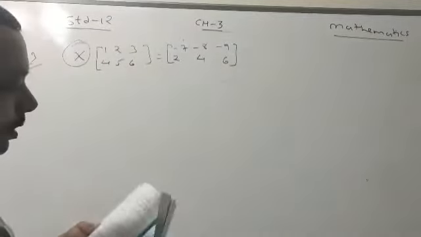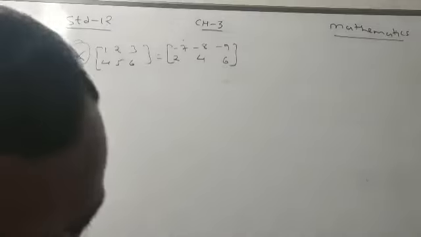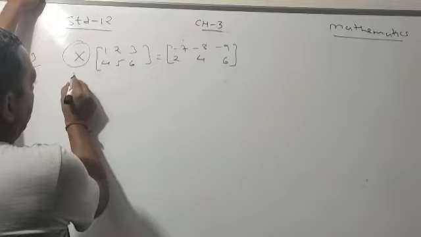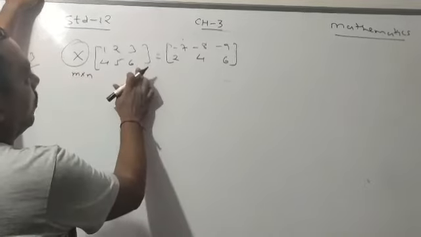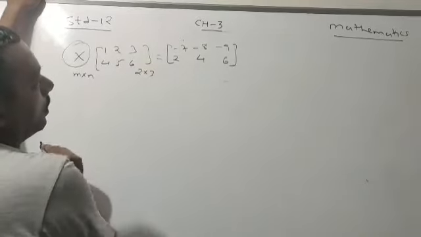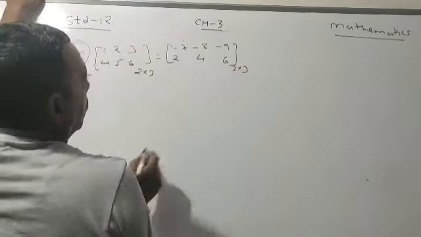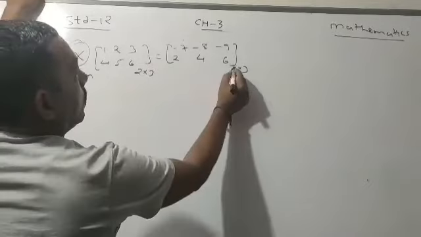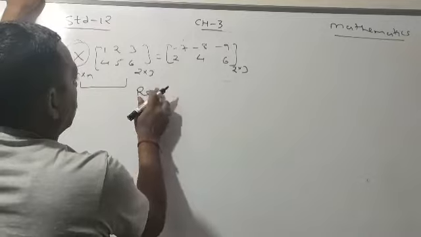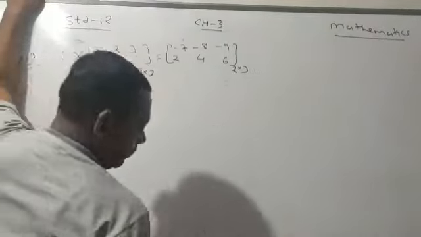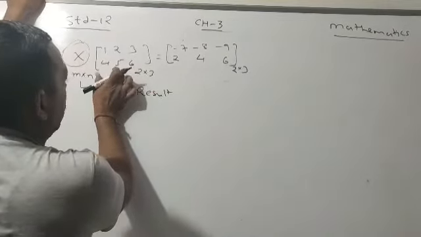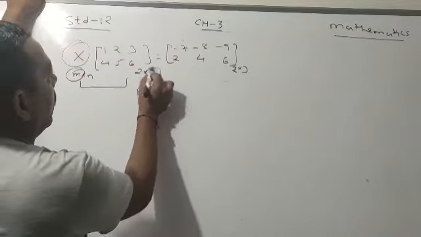First of all, my question is, what about the order of X? See, I do not know the order, so I will simply say it is M cross N. What about this order? 2 rows, 3 columns, so 2 by 3. This will be 2 by 3. We know very well, this 2 by 3 is the result of this multiplication, and the result is always m by 3.